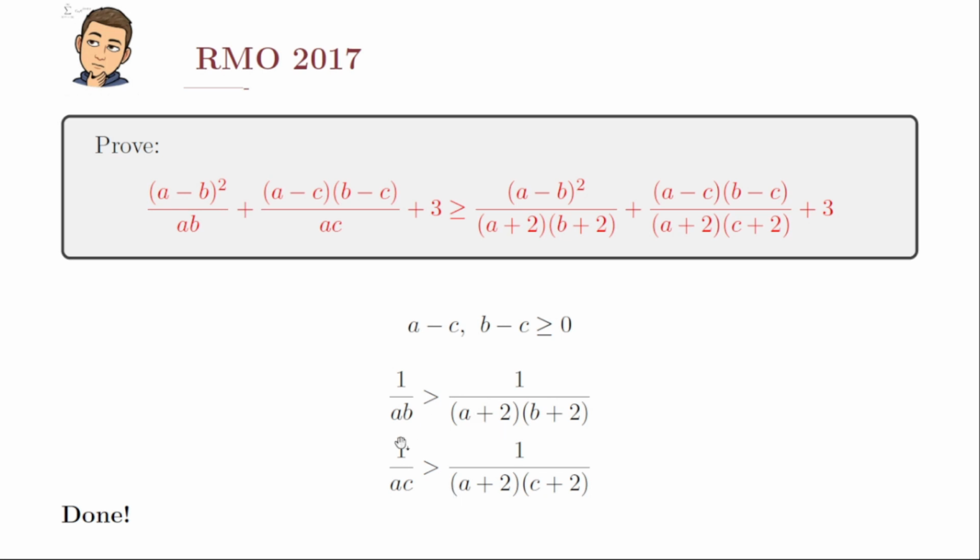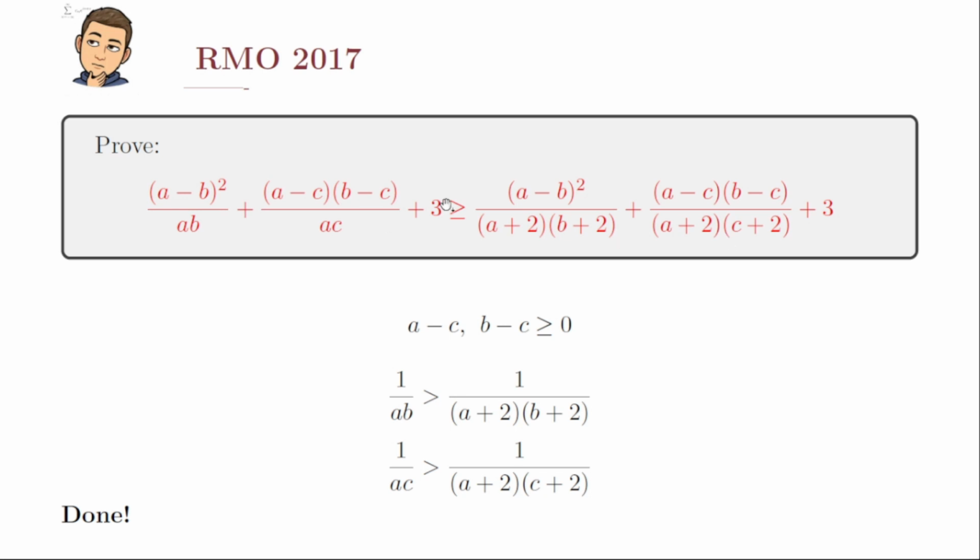And 1 over ac is bigger than 1 over a plus 2 times c plus 2. That is obvious. So a minus b squared over ab is bigger than or equal to a minus b squared over a plus 2 times b plus 2. We just compare the denominator, and then a minus c times b minus c is non-negative, and 1 over ac is bigger than or equal to 1 over a plus 2 times c plus 2.